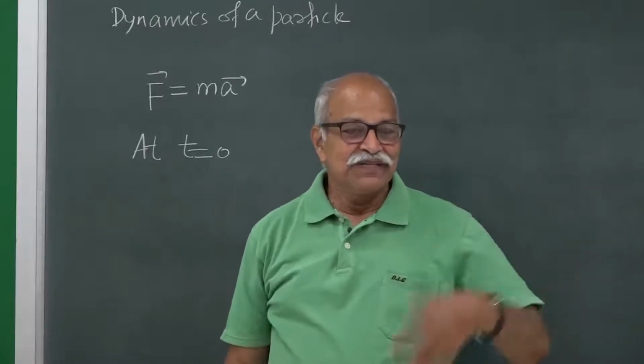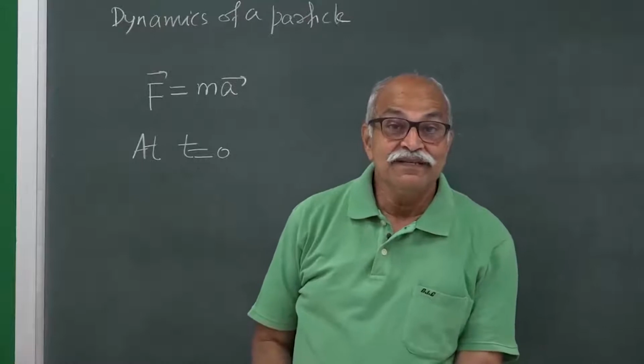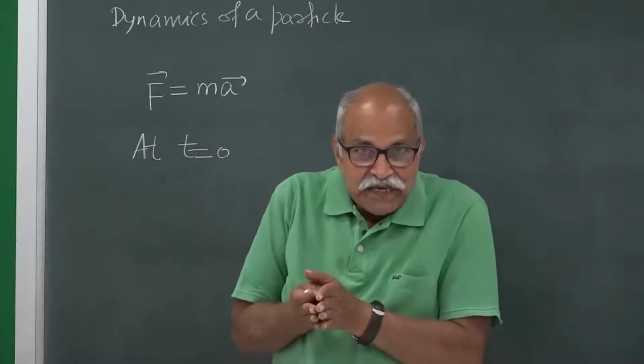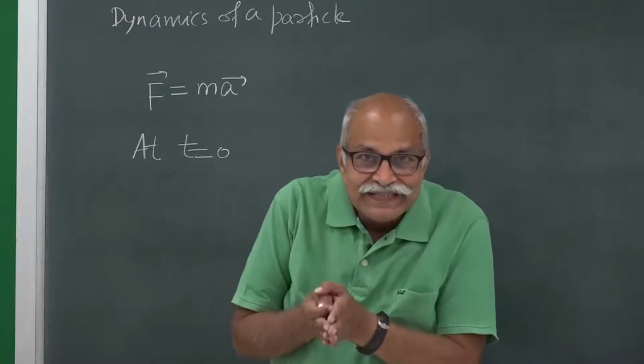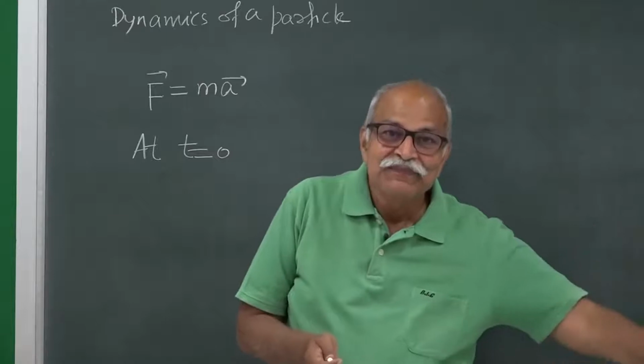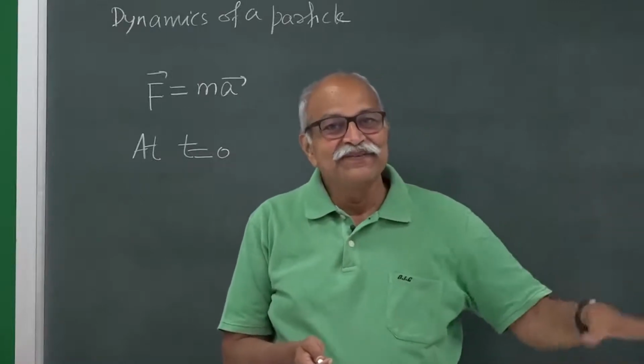So, in some questions if you get a negative value of t, that does not mean that it is unacceptable or unphysical. It is before that instant which you call t equal to 0. Before that also the motion was there, the particle was there, the forces were there and everything was there.